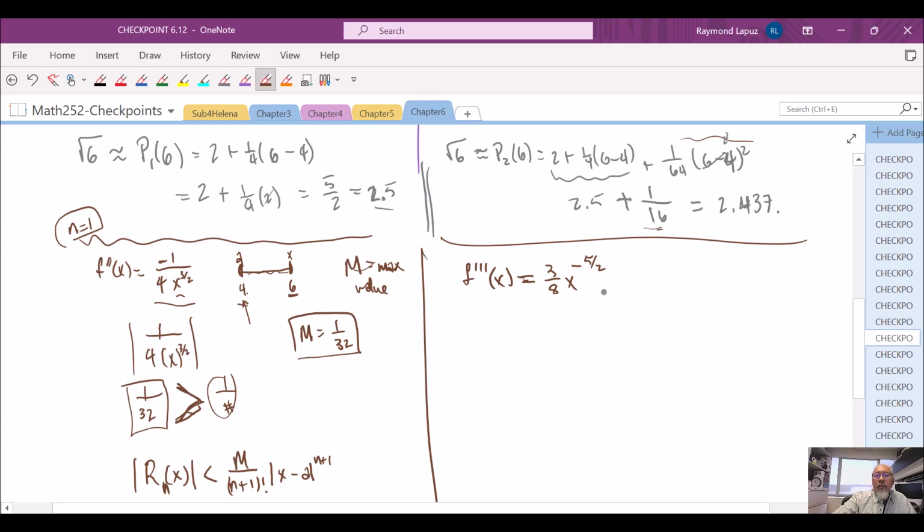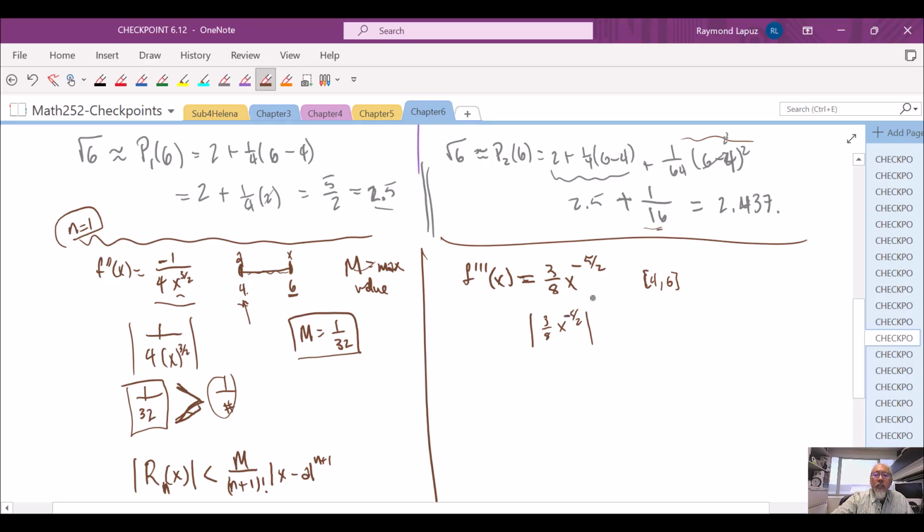All right, this is our scenario once again, and we're trying to find the maximum value here. Between 4 and 6 is our interval. And again, this is a strictly increasing or decreasing function. So in finding the absolute value of what's happening here, 3 over 8 x to the 5 halves power, let us put in the value of 4 and 6 to see which one's going to be larger.